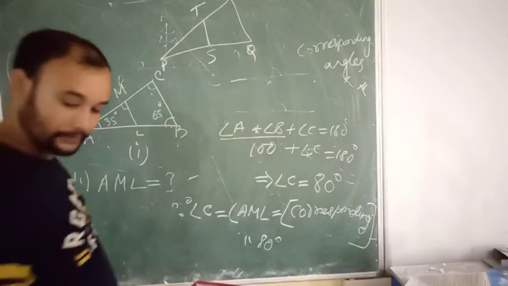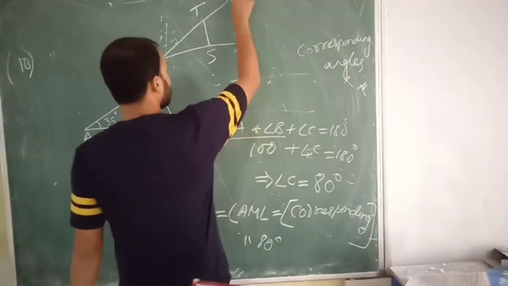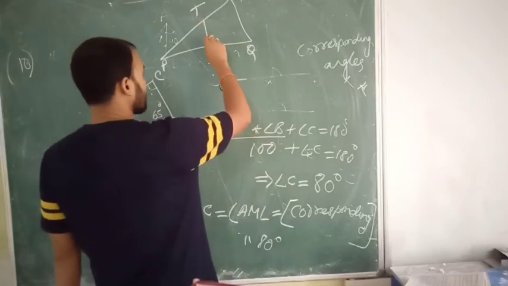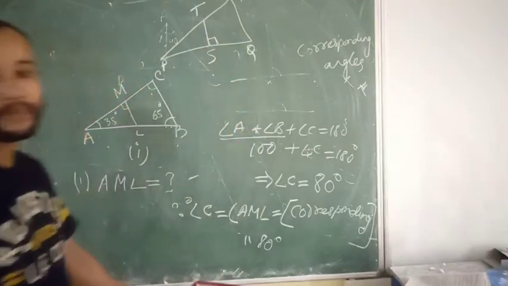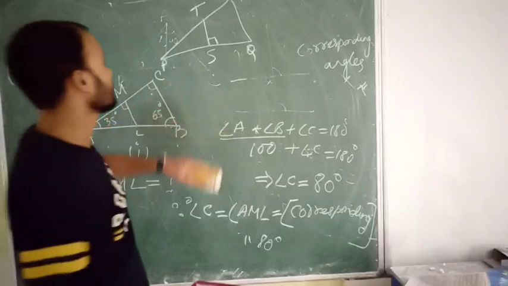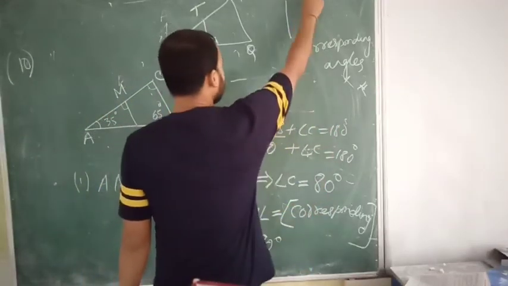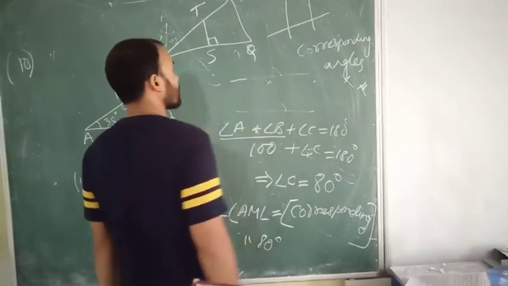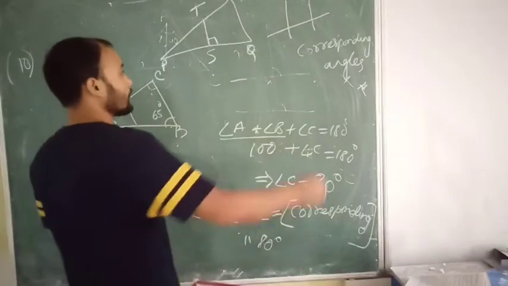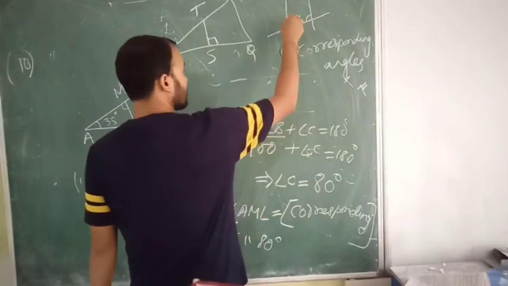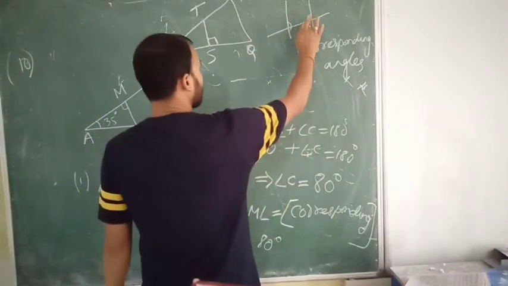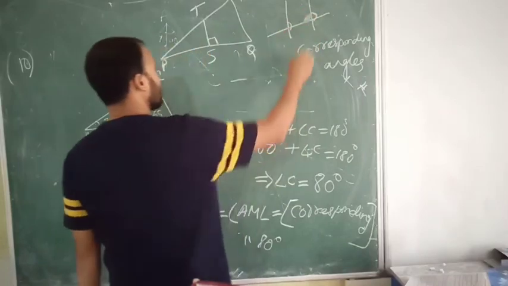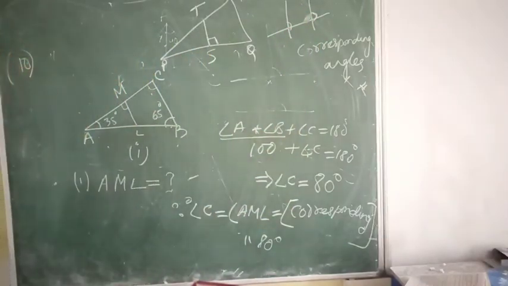Above is R. PSQ, this angle here. Same thing. This is the parallel line. This is the transversal. Fine. So this angle and this angle will be equal because they are corresponding. Same thing we have to apply. Now how we are going to do this?